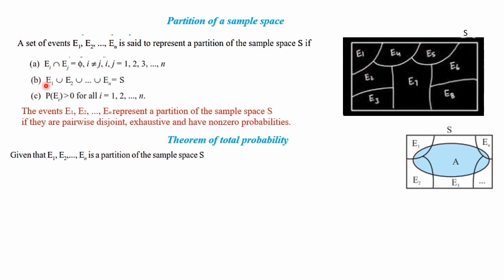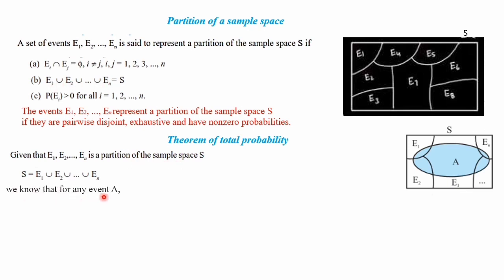And when you consider E1, E2, etc., En, you will get the sample space S. And next, individual probabilities greater than 0. So we can write S is equal to E1 union E2 union, etc., union En, because these are the partition of sample space, means this condition is satisfied.